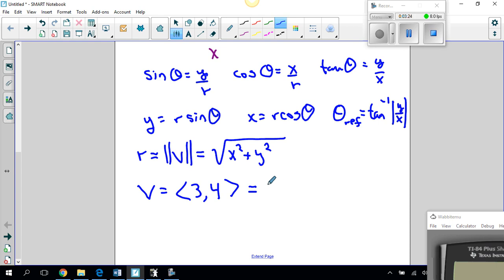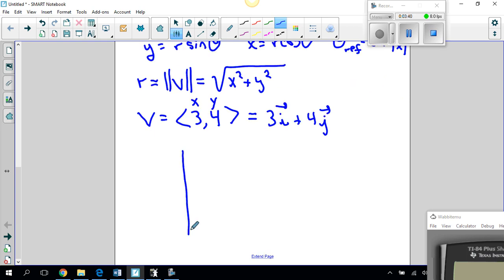In science or physics, they go 3i plus 4j, which I have to explain, and they put the little vector symbol over the top. But for right now, this is x, and this is y. So yeah, we are plotting the point 3, 4. But we're doing more than that. We're considering the vector 3, 4, which originates at the origin, and it goes from head to tail.